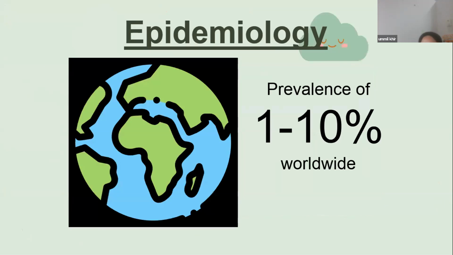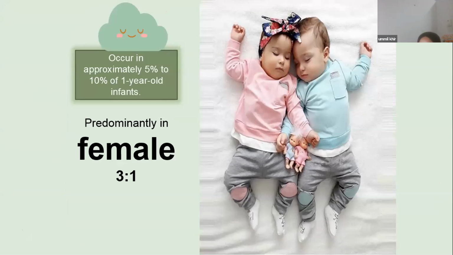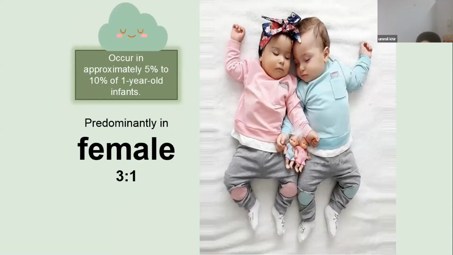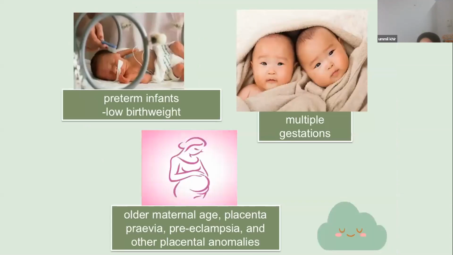For epidemiology, hemangiomas are classically said to occur in up to 10%. It occurs in approximately 5% to 10% of 1 year old infants. Hemangiomas are 3 times more common among females than males, with a ratio of 3 to 1. And complicated hemangiomas are even more likely to occur among female infants.